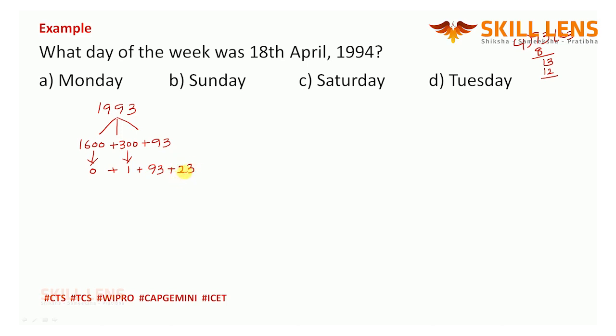Guys, here is the trick I am telling you. Finally what you will do is add everything and divide by 7. Instead of adding everything and dividing by 7, why don't you do it like this? You should be very clear with the multiples of 7. 21 is a multiple. When you divide this 23 by 7, you are left with 2.